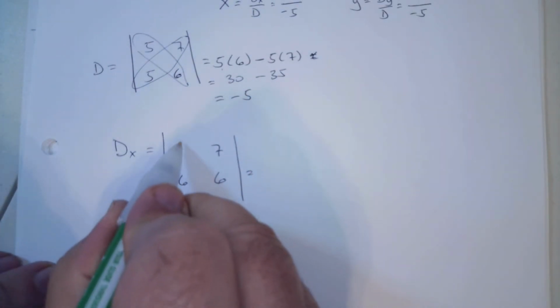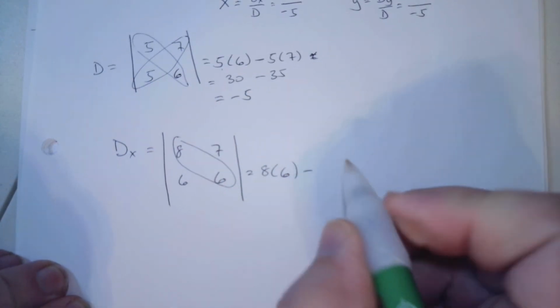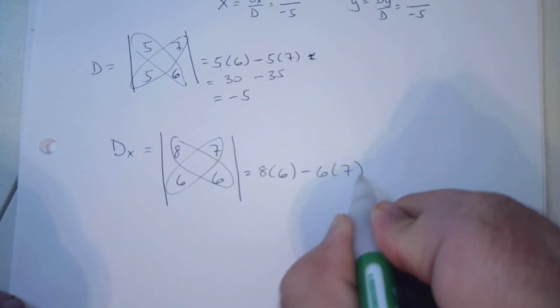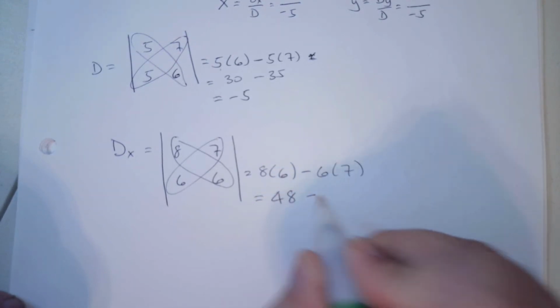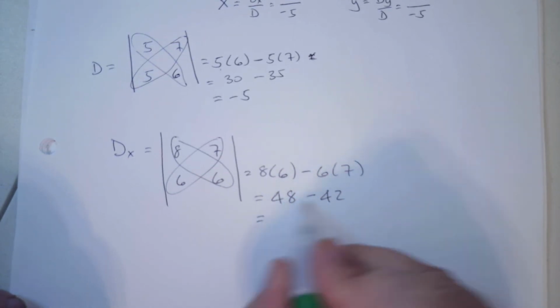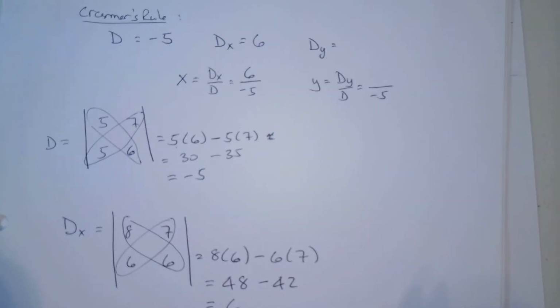And we do the determinant: 8 times 6 minus 6 times 7. 8 times 6 is 48. 6 times 7 is 42. 48 minus 42 is 6. So dx is 6. So anywhere I see dx, I put a 6. There's my x component.